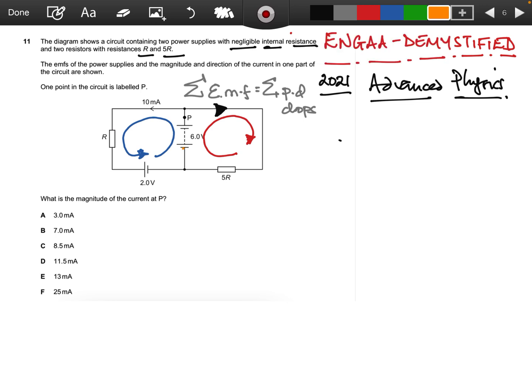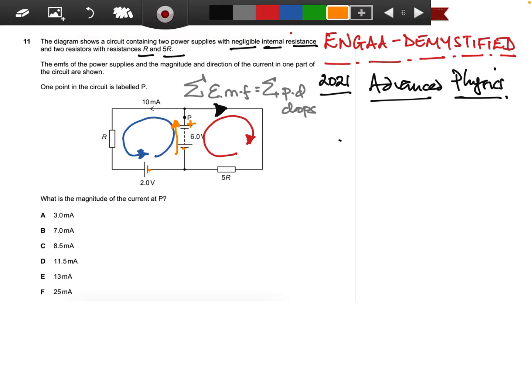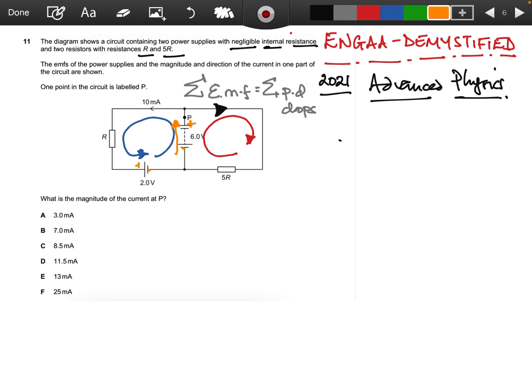My negative terminal I will take as the position of low potential, and my positive terminal as higher potential. So my EMF arrow goes from low potential to high potential. Likewise, for the 2 volt EMF, that's my low potential, and that's my high potential, the positive terminal, so my arrow is pointing in a different sense. One will be given a positive and the other a negative value. It doesn't matter which one, as long as we keep with that sense in direction.